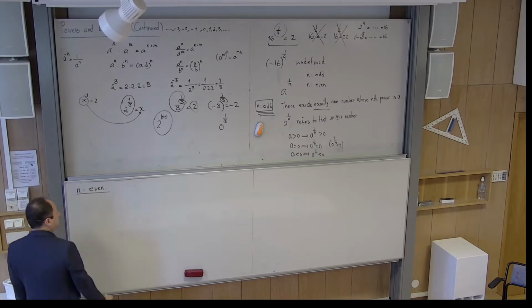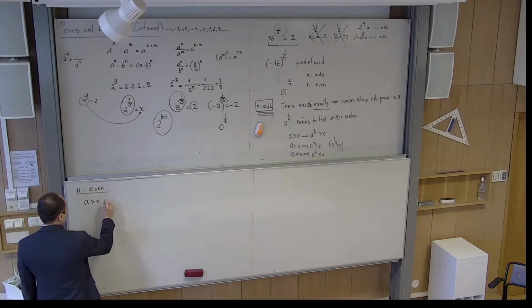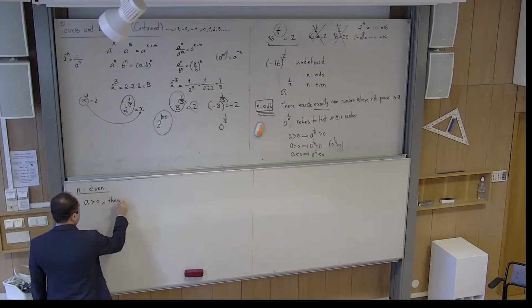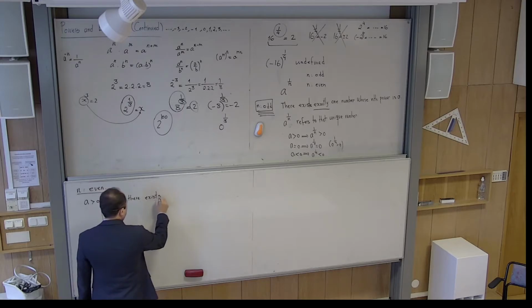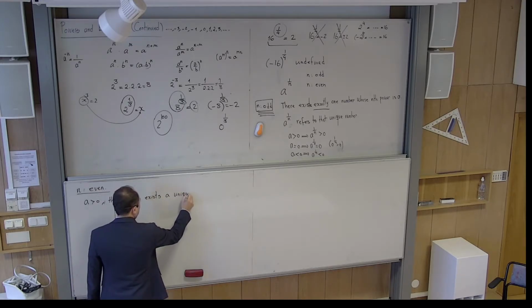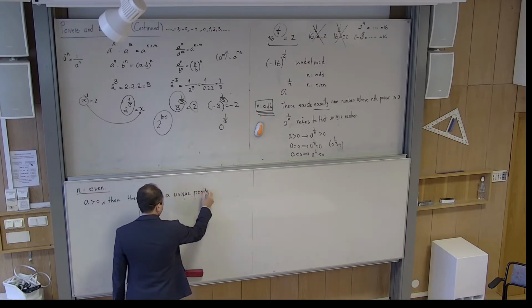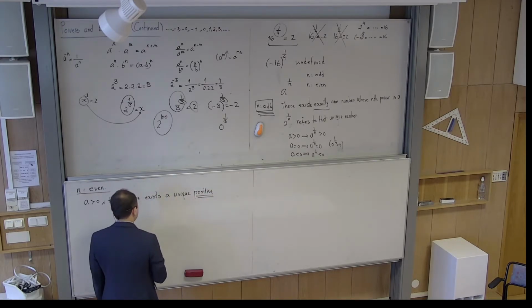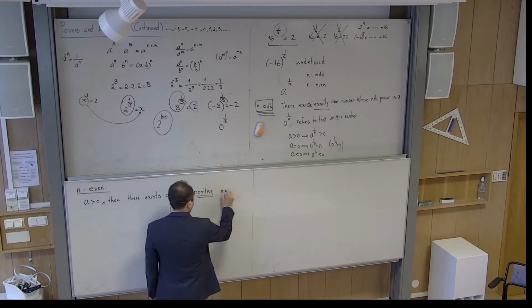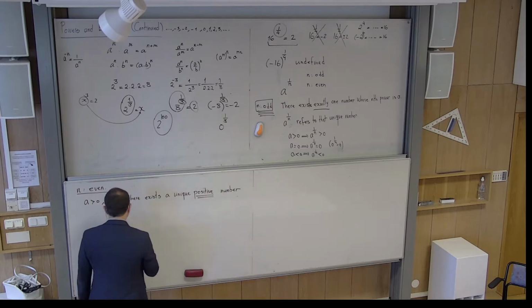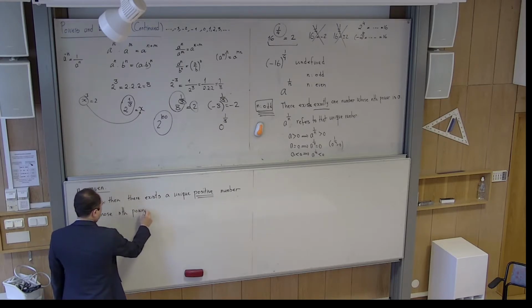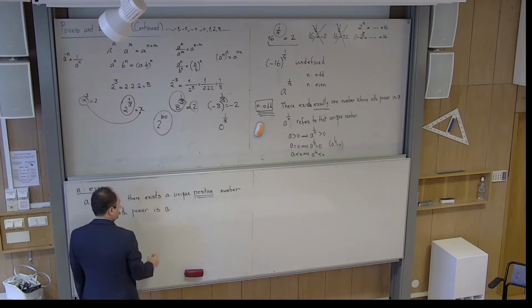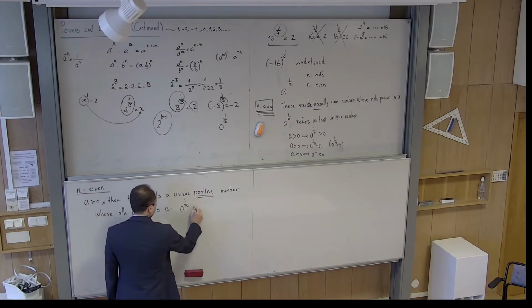If a is positive, then there exists a unique positive number whose nth power is a. a to the power of 1 over n refers to that number.